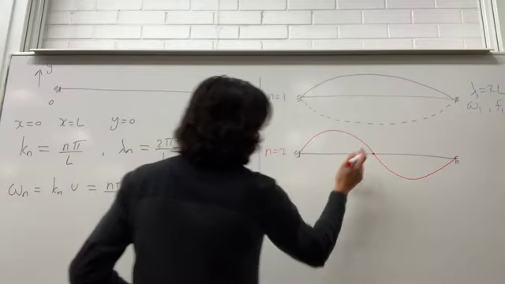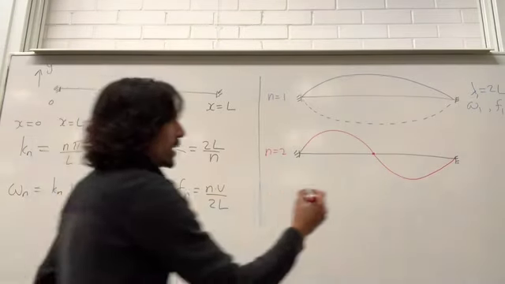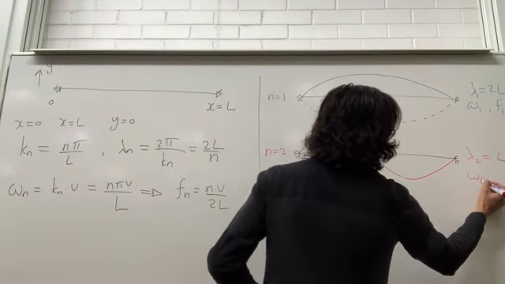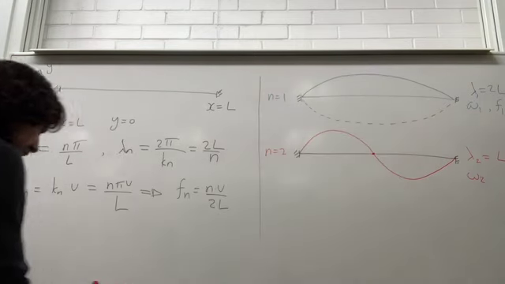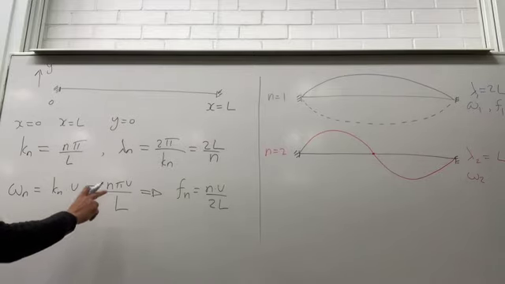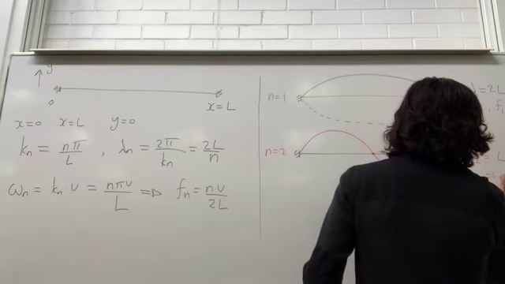And you see this is one complete wavelength. So lambda 2 would be L, and omega 2 now would be exactly 2 omega 1.